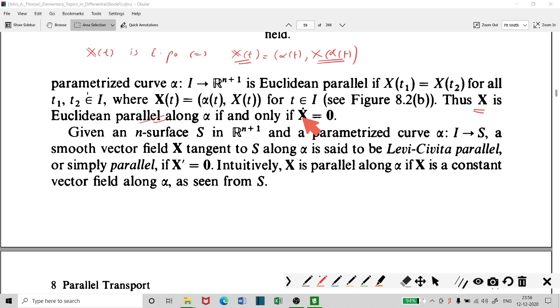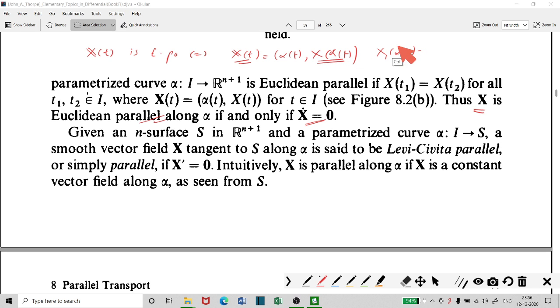This holds if and only if x dot is equal to 0. X dot is defined as the derivative of the components of x.